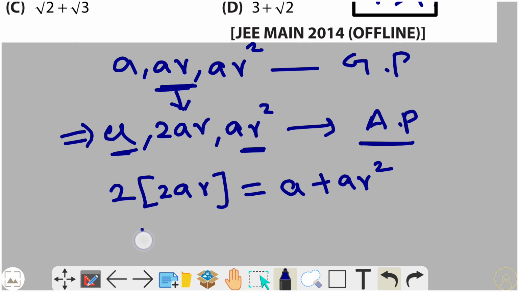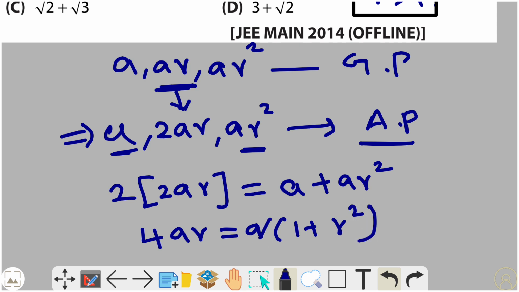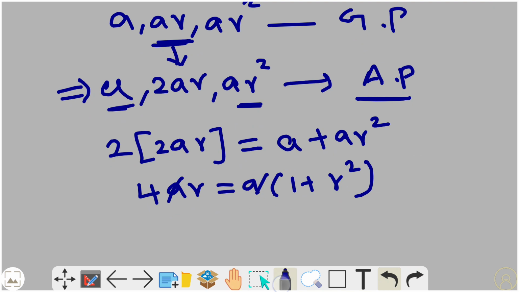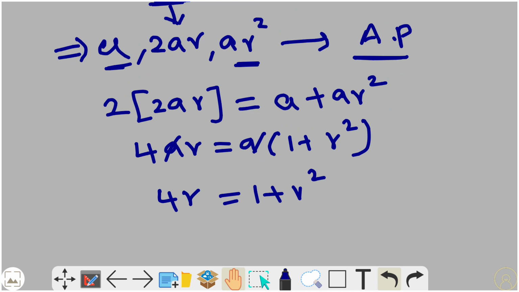So 4AR equals A times 1 plus R square. This A and this A will cancel, so we have 4R on the left hand side and 1 plus R square on the right hand side. So R square minus 4R plus 1 equals 0.